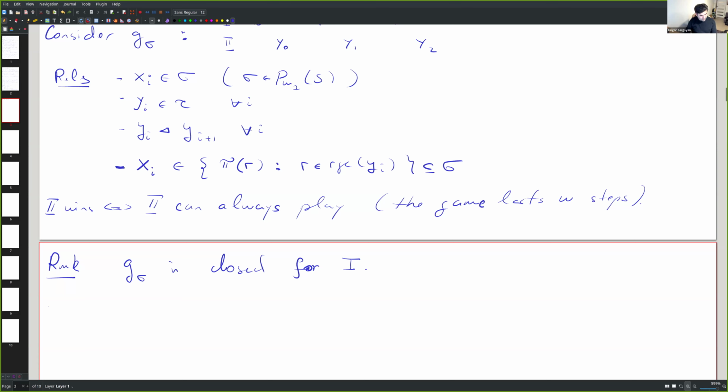So one of the players has a winning multi-strategy. So that means at each stage you have many possible things you can play.